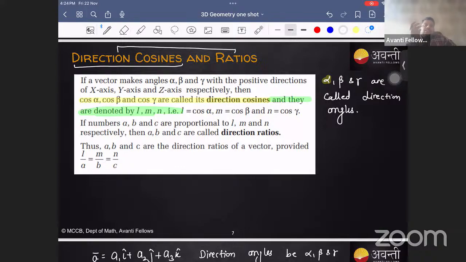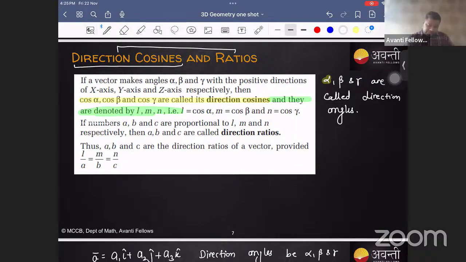They can vary. If direction cosines are L, M, N, then direction ratios can be 2L, 2M, 2N, or L by 2, M by 2, N by 2, or say root 3 L, root 3 M, root 3 N. It can be anything in the same proportion.